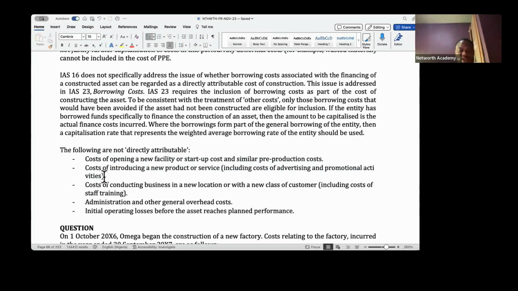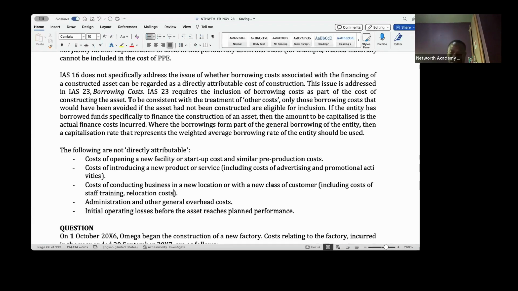Another one is the cost of conducting a business in a new location or with a new class of customer. So these are majorly like staff training costs or relocation costs. If you have to relocate some staff or you have to relocate the assets, those ones do not make the asset ready for use.